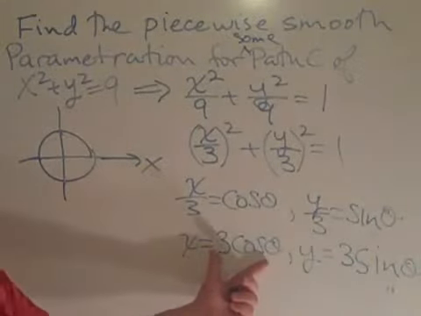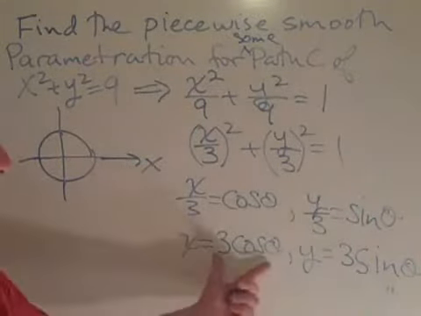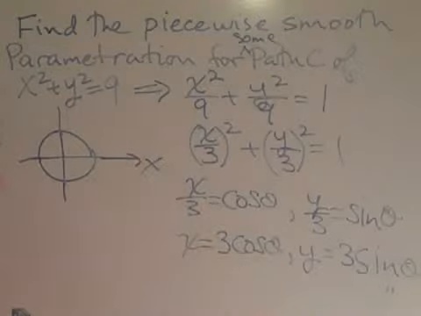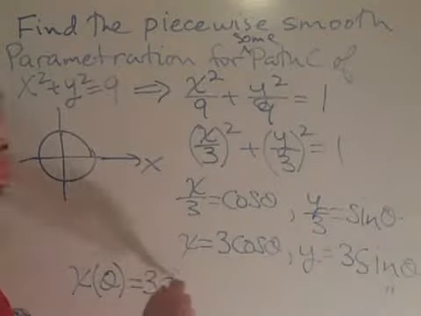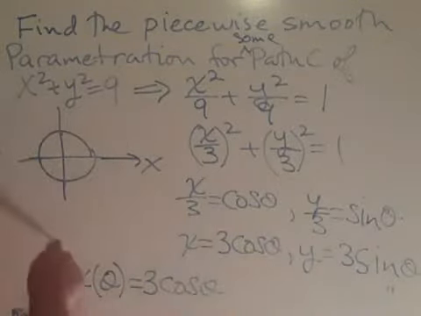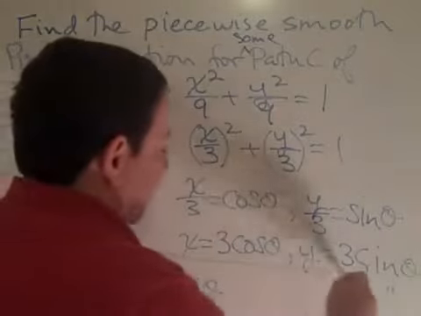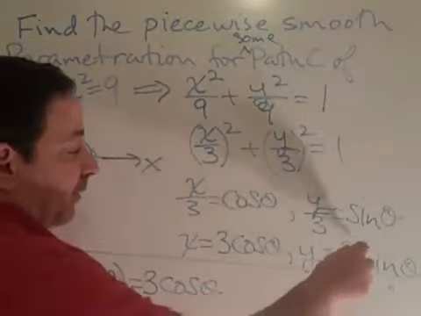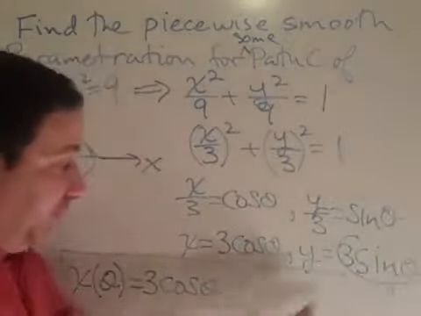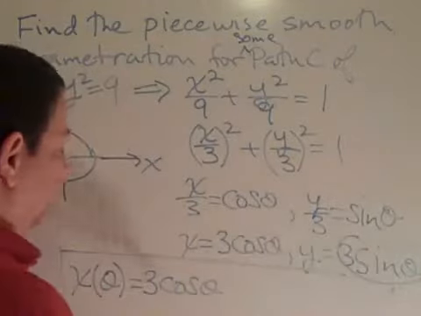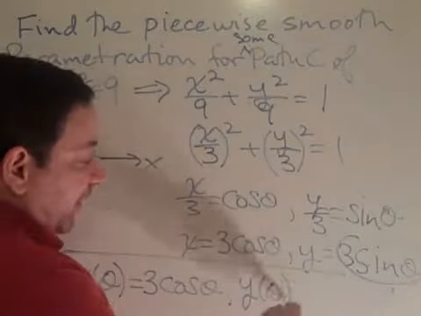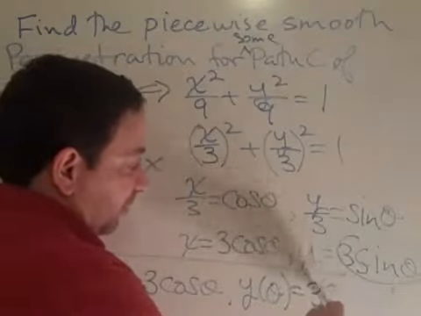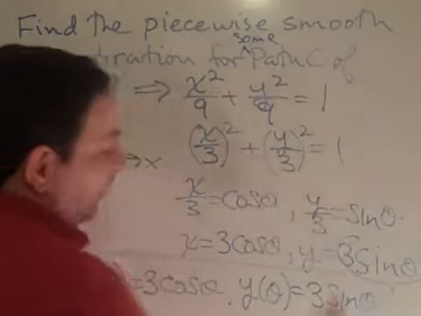The right side is in terms of theta. That is, x is a function of theta, and it equals 3 cosine theta. So right now, I'm writing down my final answer. Y is also in terms of theta. So y is a function of theta, and it equals 3 times the sine of theta.